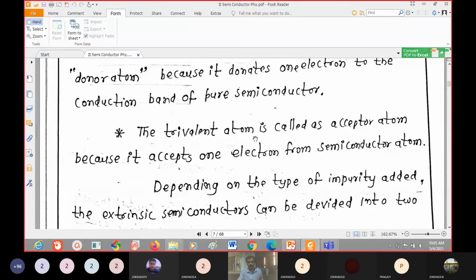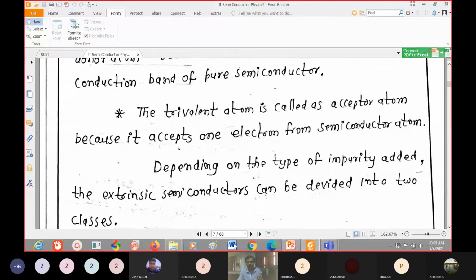So it accepts the electron. That's why these are acceptor atoms.